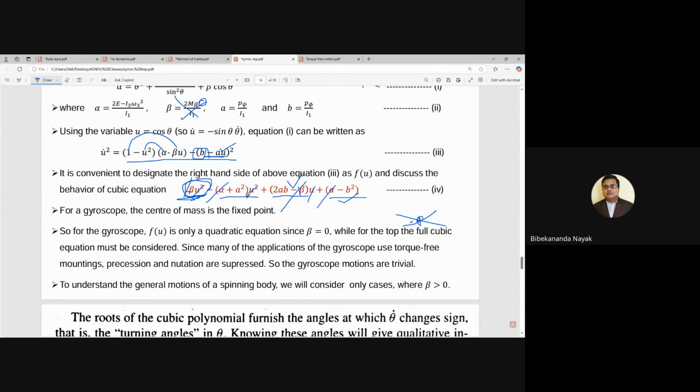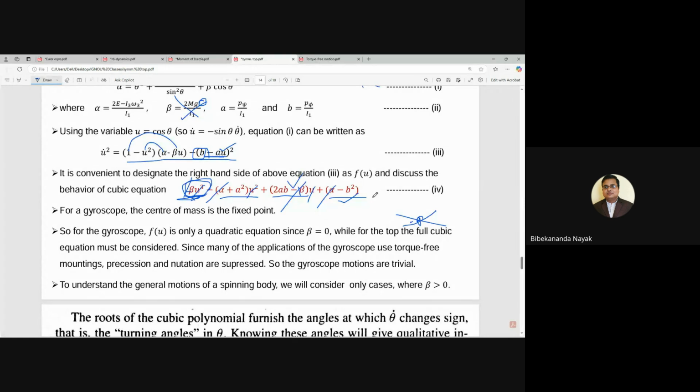Here, minus a squared will become plus a squared. If u is equal to plus 1, beta cancels and it is minus a squared minus b squared plus 2ab, taking minus common: a squared plus b squared minus 2ab, which is minus (a minus b) whole squared.